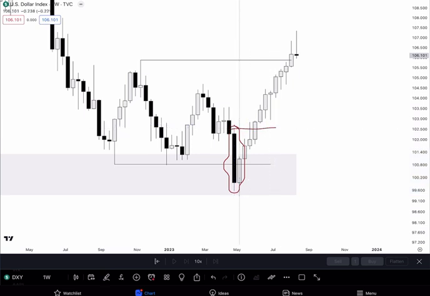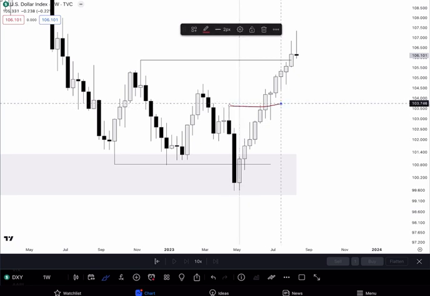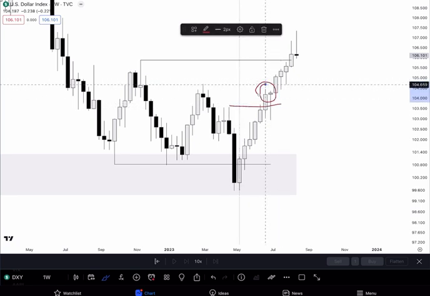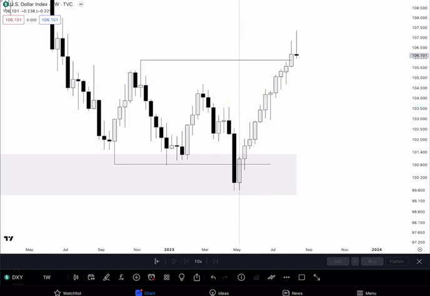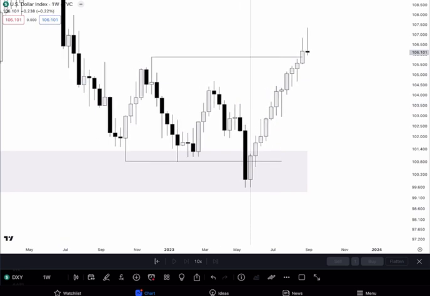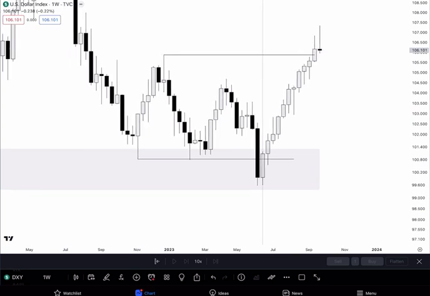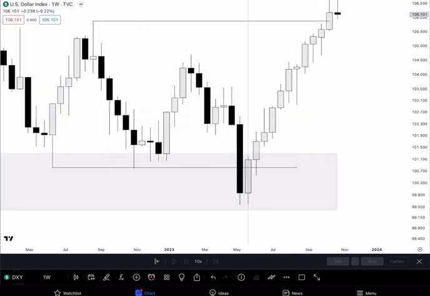So from this moment onwards, we're bullish on the dollar till here. That's one way. Another way is to wait for it to close above the breaker. Now we're bullish. And another way, which is not discussed a lot, in fact, I haven't seen discussed ever, is closing inside the low again and retesting the low.